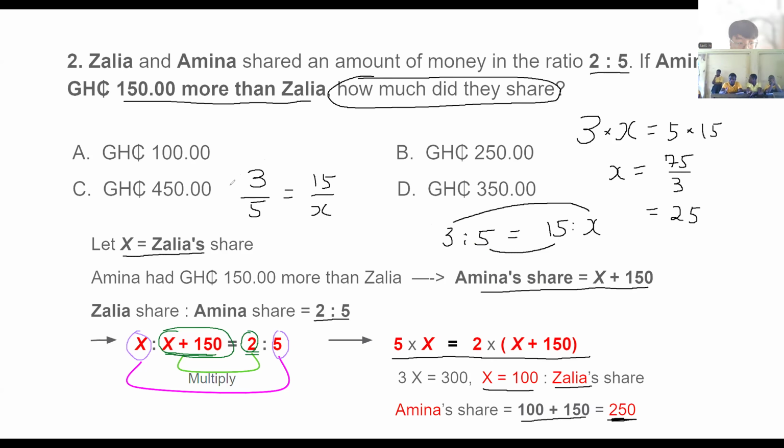So you can solve it this way too. We know that we multiply 5 on the numerator to get 15. You can multiply 5 on the denominator to get x. You get x equals 25 again this way as well.